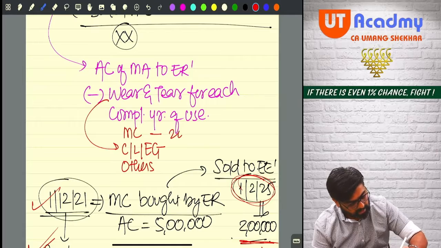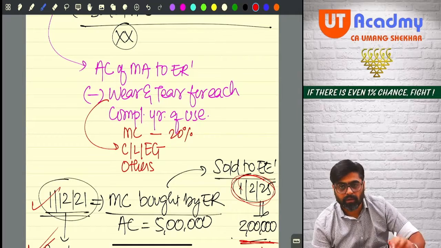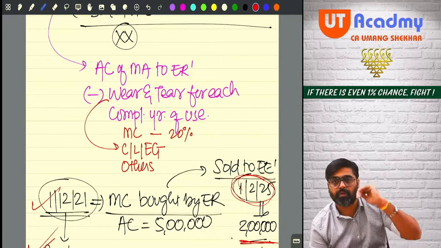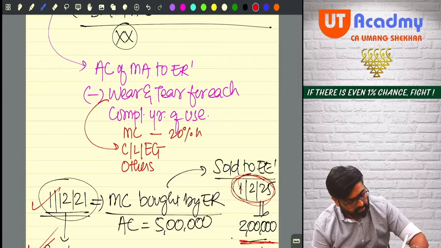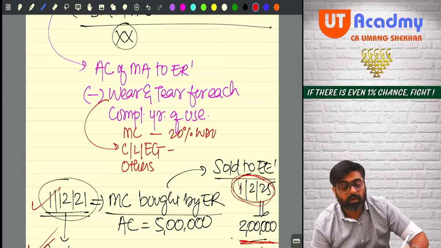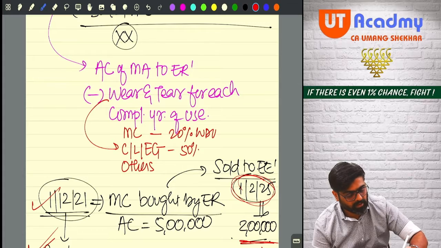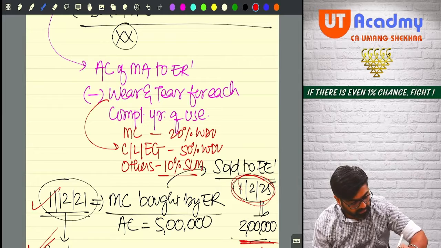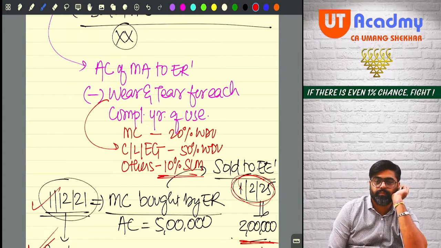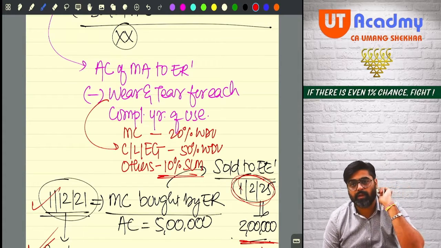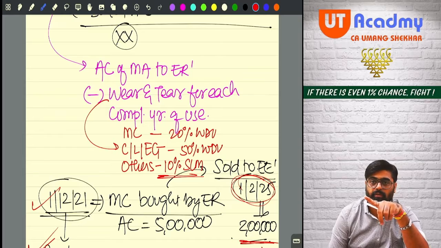For a motor car, the rate of wear and tear, the rate of depreciation which I have to reduce, will be 20% on WDV basis. For computers, laptops and electronic gadgets, it will be 50% on WDV basis. And for other assets, it will be 10% on SLM basis. Did you understand? You have to remember these rates.